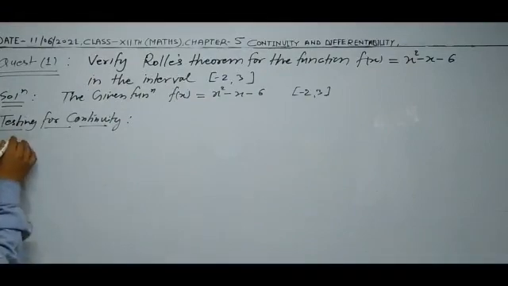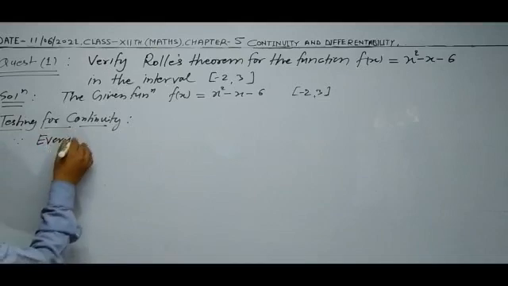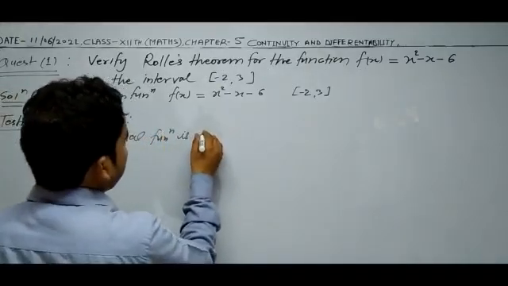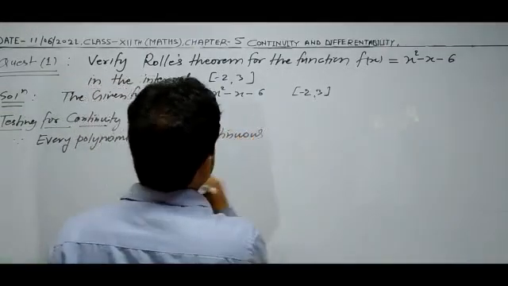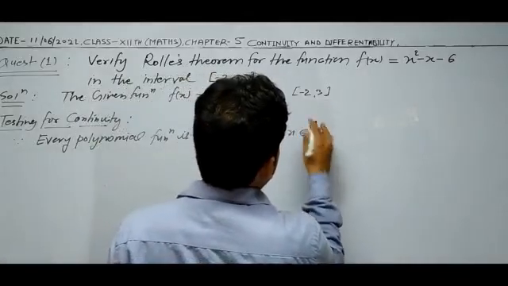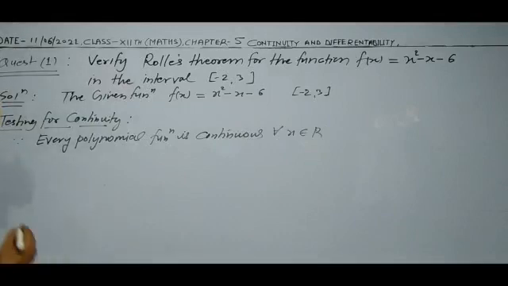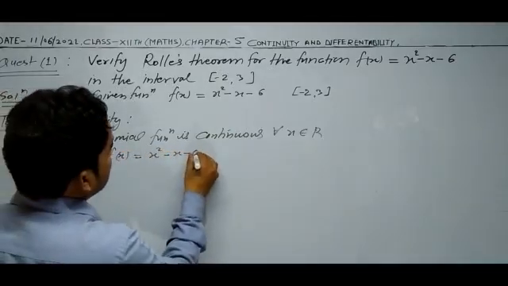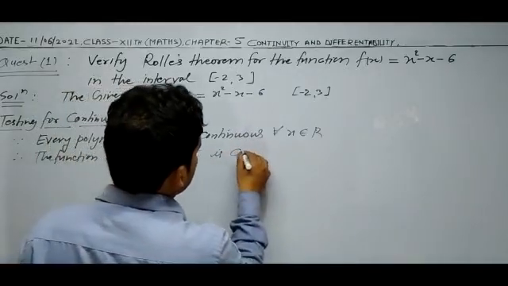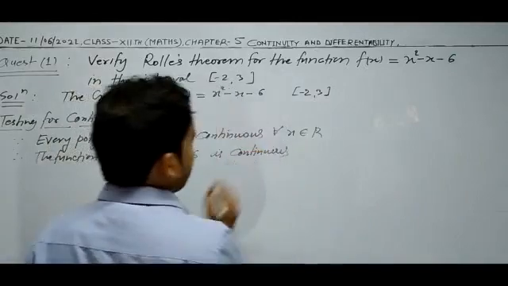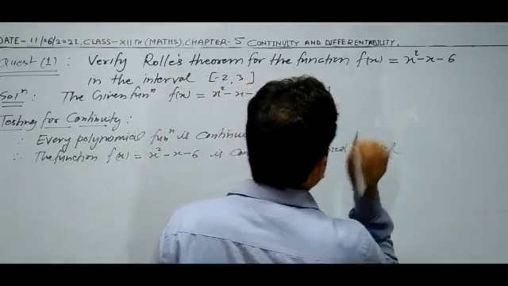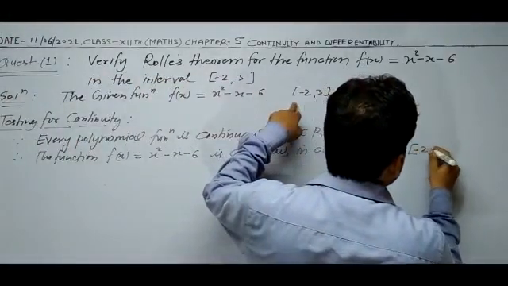Since every polynomial function is continuous for all x belongs to R, therefore you can write the function f(x) = x² − x − 6 is continuous in the closed interval [−2, 3].